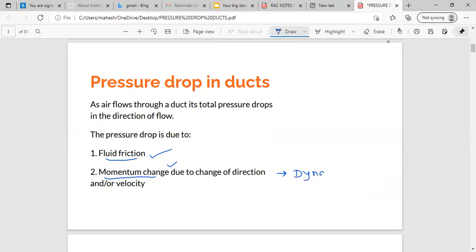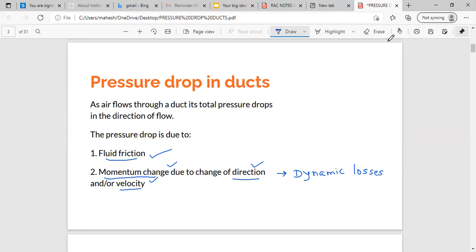The dynamic losses are because of change in direction of the flow of the air in the duct. It could also be because of magnitude as well as directional change, that is, velocity change.